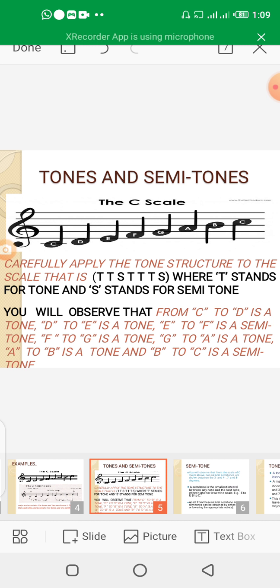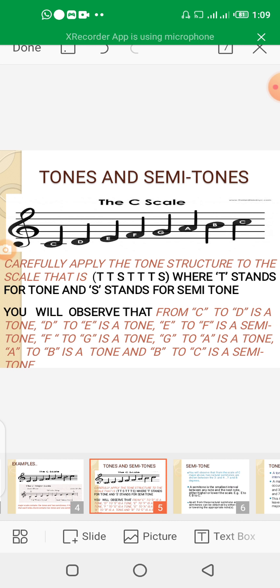So the tone structure is tone, tone, semitone, tone, tone, tone, semitone. Now I want you to carefully apply the tone structure to the scale.